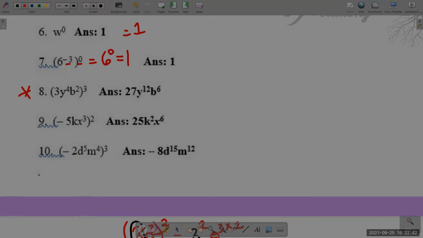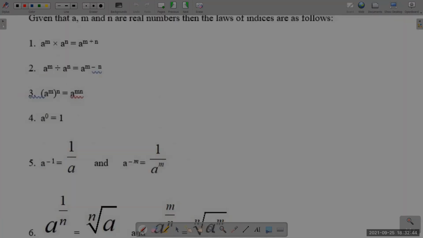Anybody remember? It is law number 3, right? Look at it. Law number 3. What does it say you do with the powers that are inside and outside? Look at the brackets. Look at the power that's outside the brackets. That's law number 3. Everybody see that?